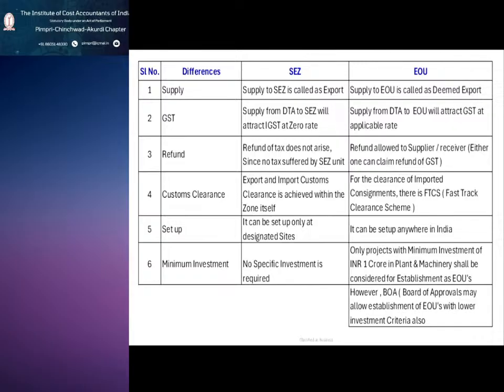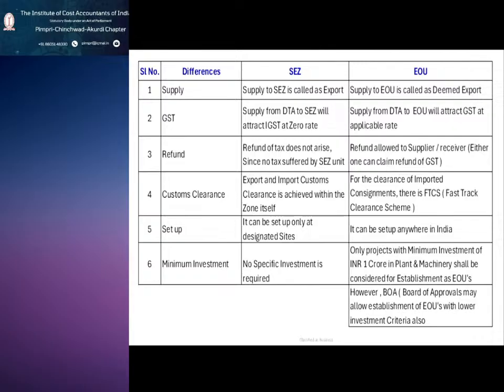Zero rated supply means what? GST is applicable, but the GST percentage is 0%. Why? Because the supply is to SEZ zones, that is special economic zones. So it will attract IGST at 0%.